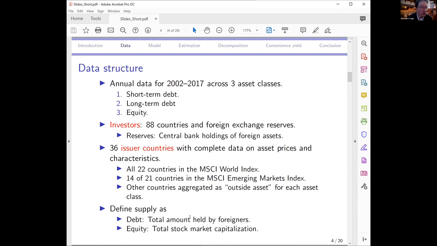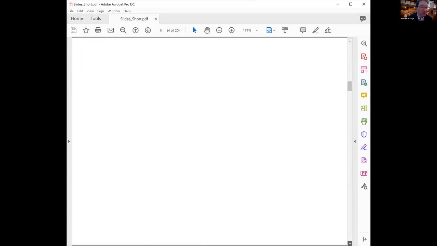And for debt, we do zero net supply accounting. So the total US Treasury debt that's held by foreigners is what we call the supply of US Treasuries. Domestic holdings actually net out because it's both an asset and a liability through future taxes.